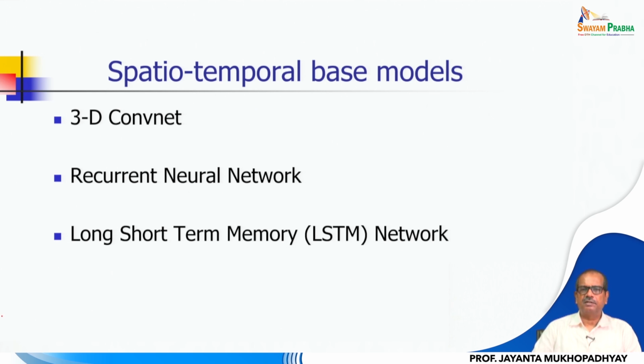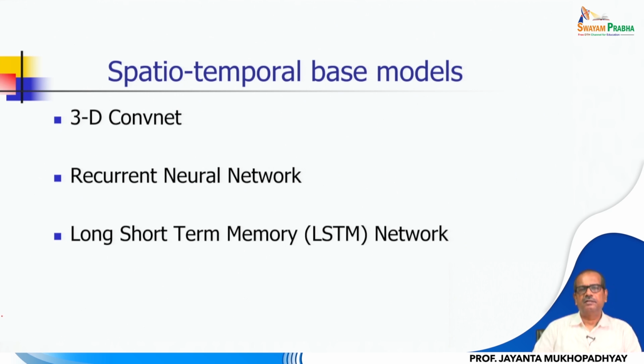Let me first discuss these three base models that I have shown here. One is the 3D ConvNet. It's an extension of the concept of the two-dimensional ConvNet that we discussed for processing images. Then there are a few specialized architectures for modeling the temporal dynamics.